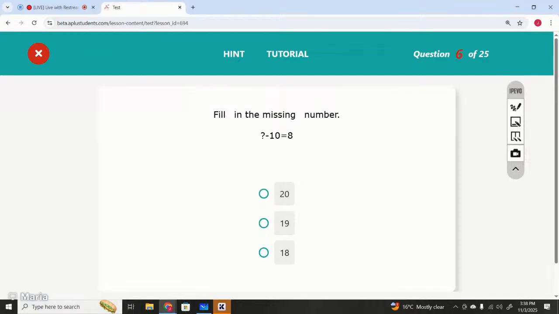Fill in the missing number. So what number minus 10 equals 8? That is 18 minus 10 equals 8. Option number 3 is the correct option.